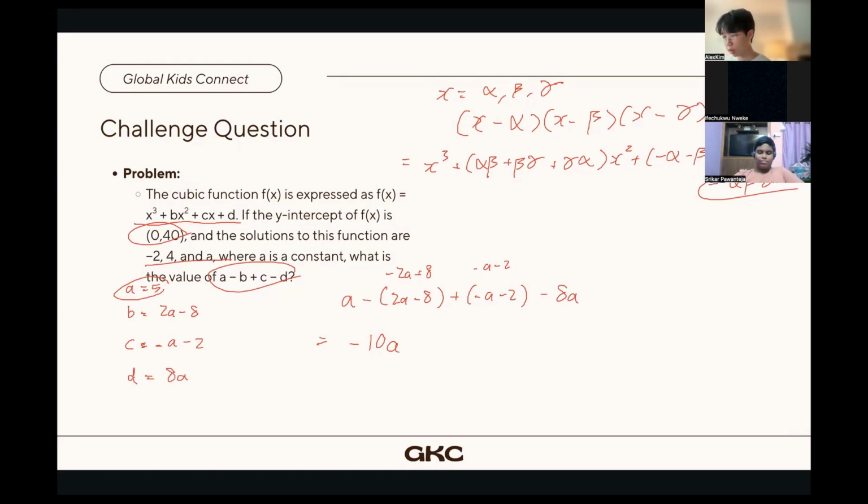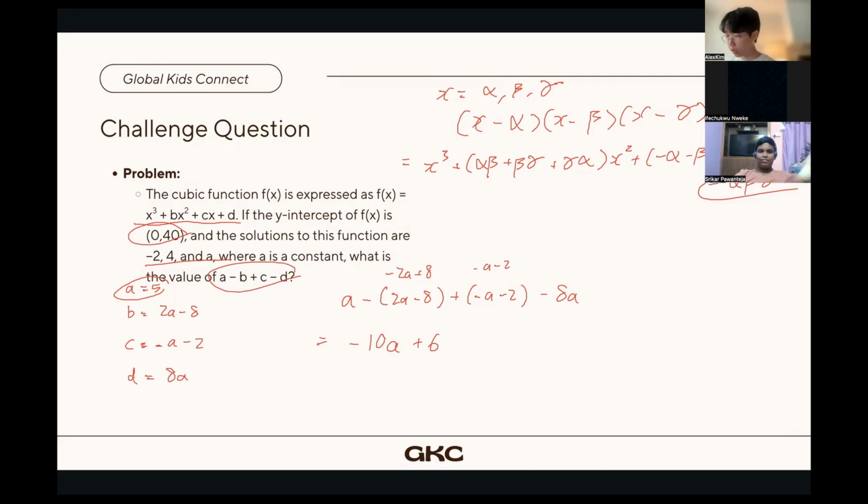Yes, okay. And so we'll get minus 10a plus 6. Excuse me, there might be a slight error. No, I think it is correct.